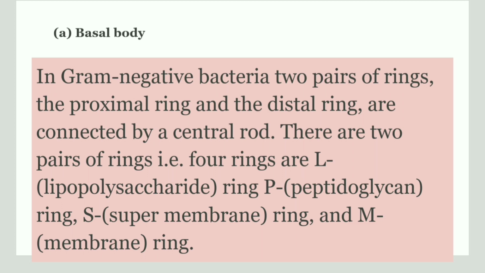First is L ring, that is lipopolysaccharide ring. Next is P ring, which is peptidoglycan ring. Next is S ring, which is supramembrane ring. And last is M ring, which is membrane ring. So the four rings are L ring, P ring, S ring, and M ring.